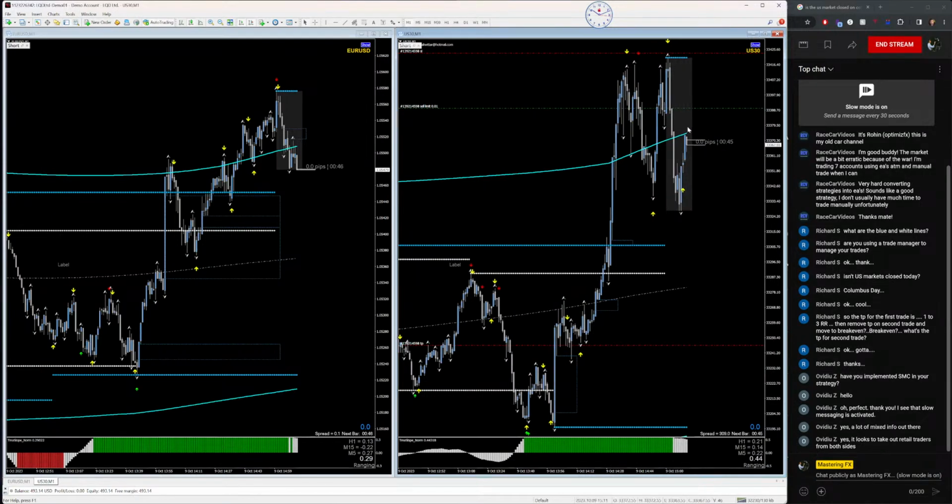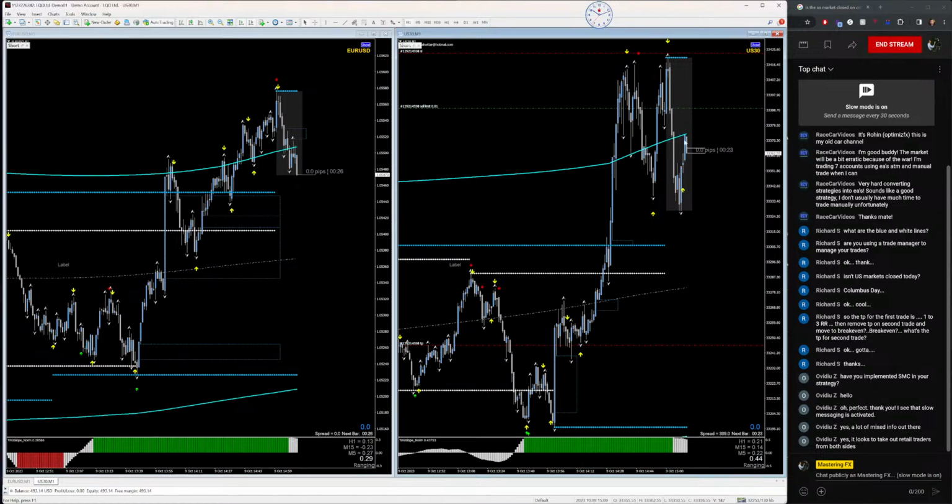But silver bullet basically says we need to take liquidity, which we did in the silver bullet hour. Wait for a break of structure, which we have here, and then place an order at the extreme fair value gap, which I did.